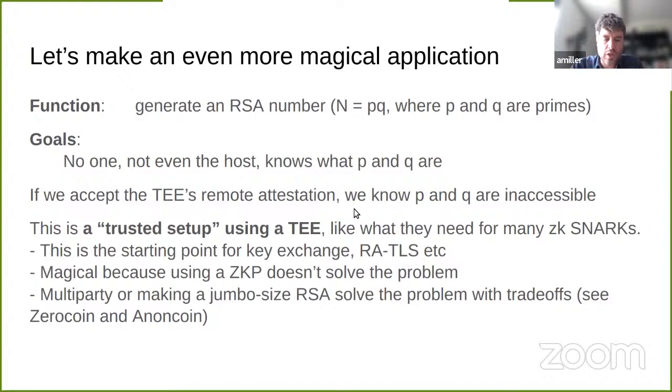And while I'm introducing some concept motivations that are good for a motivating example, I'm really fond of this one the more I look at it. We'll use trusted hardware to generate a trusted setup for a bunch of cryptography schemes based on RSA. So an RSA number is a product of two primes. You use these for encryption and signatures.